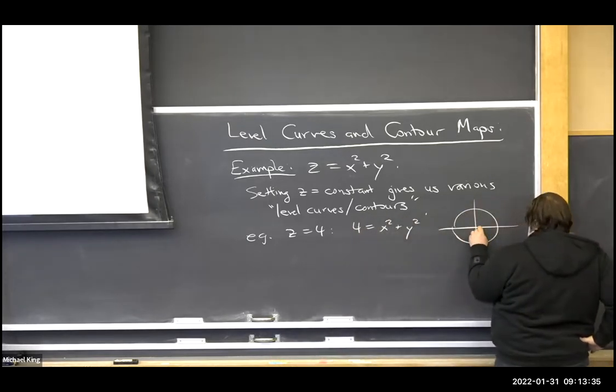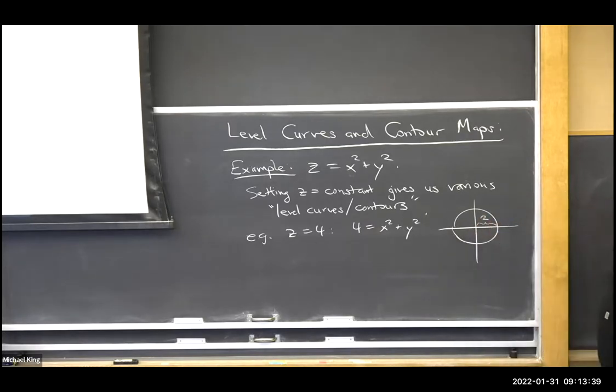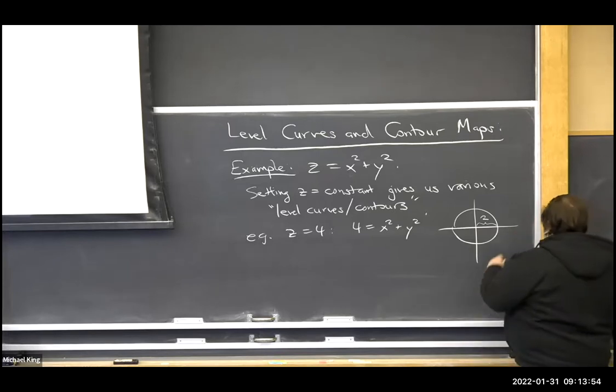Right, that's 2 right there. So that is a specific contour. And in the graph, in the bowl shape, it's really sitting at height 4. There's a circle at height 4 of radius 2 living within the surface, right? But you can also just draw it in the XY plane.